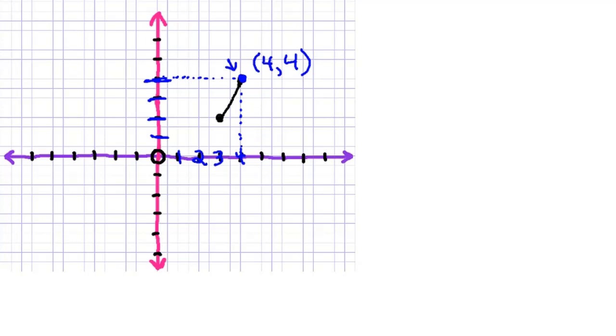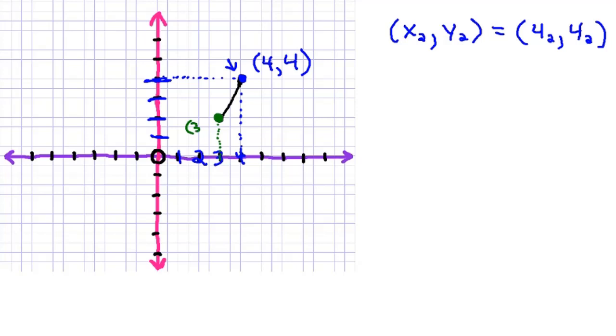So remember what I was telling you about. Your end point is x with a little 2 after it, because that's your second point, y with a little 2 after it, because that's your second point. So in this case, it's going to be 4 with a 2 and 4 with a little 2, because that's your second point, your end point. Now let's look and see what the first point is, your beginning point, the one on the left. First we're going to find out what the x is, and if you look down, that's on the 3.